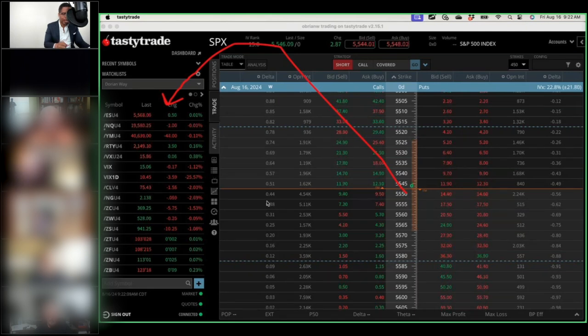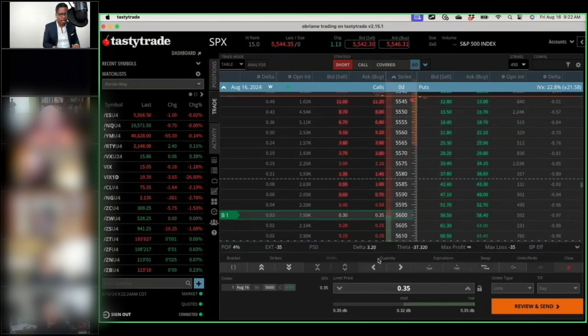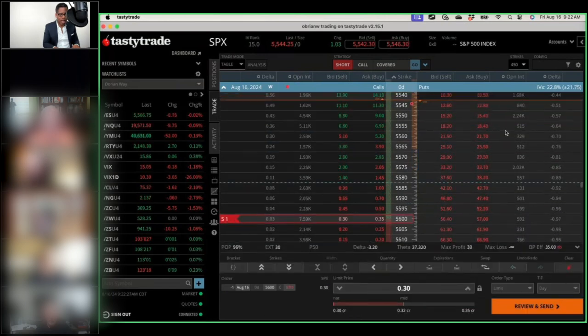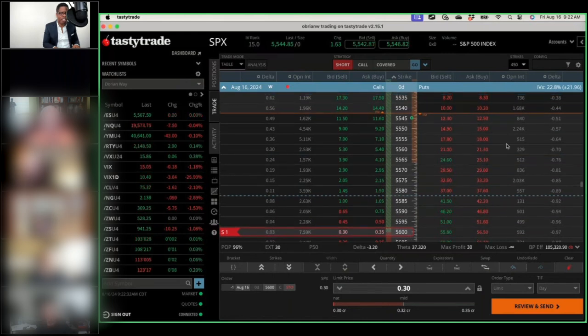If you're still in a trade and it's 0DTE, then there's still risk. If you haven't closed that trade yet, you still have a lot of risk, regardless of what the delta says. This delta right here on the call side, if I was at a 3, let's say this was my trade, I would think the odds are saying I'm safe, but there's still risk there.